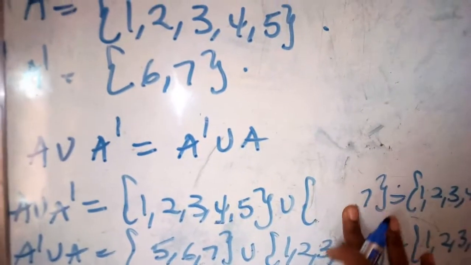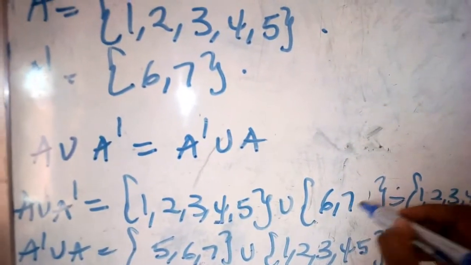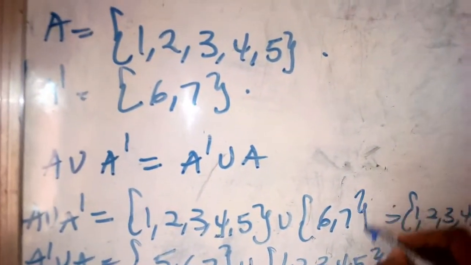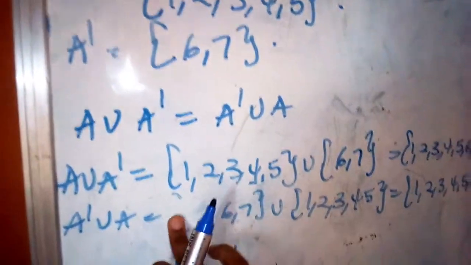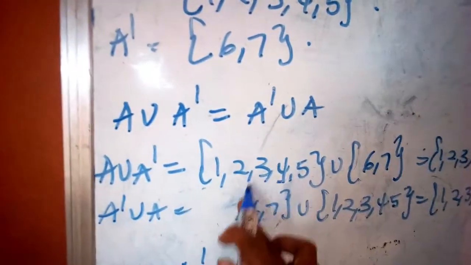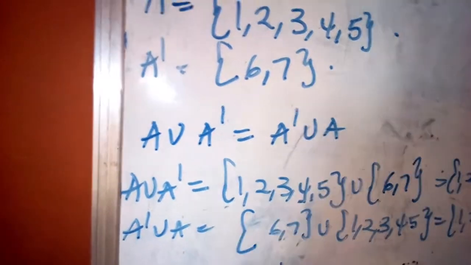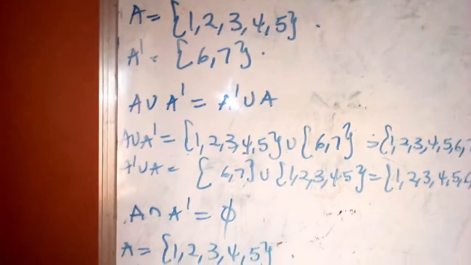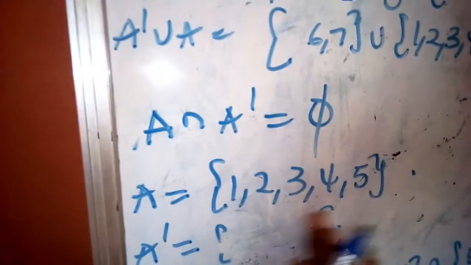So it's just 6 and 7. Complement of A is just 6 and 7. So I've made the necessary adjustment.